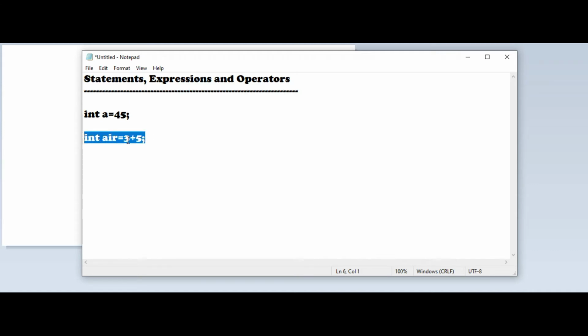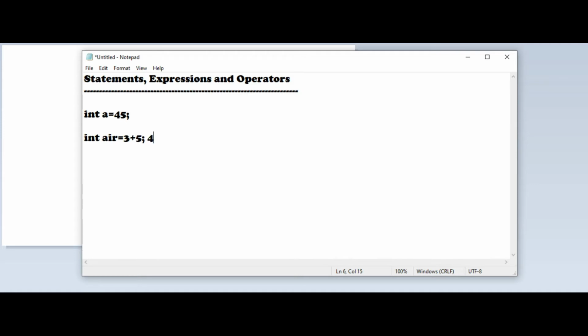We have an expression, and that is the thing present on the right-hand side, which we are assigning to air. So 3 plus 5 is an expression, and we have the operator hidden here as well. This part is the operator. So 3 plus 5 is an expression.